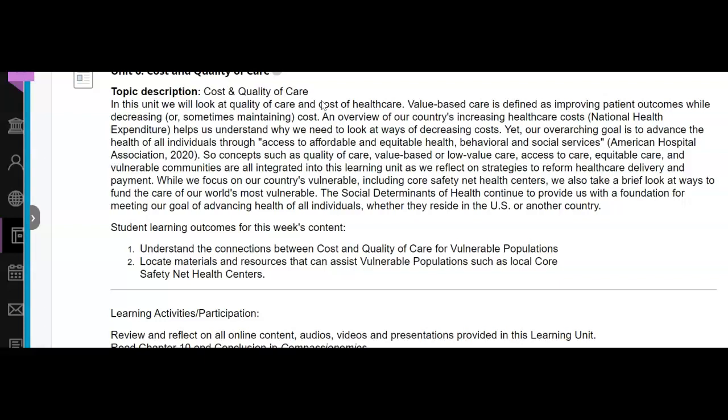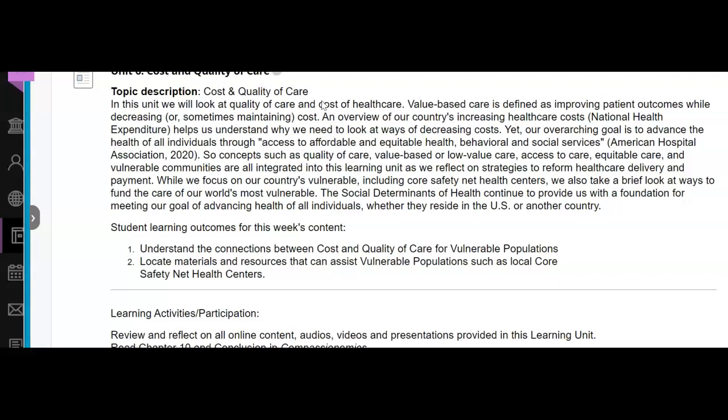So we're going to talk a little bit about value-based care, how we define it, whether or not it does actually improve patient outcomes, and whether or not it is being shown as helping to decrease or even maintain cost. We know that healthcare costs have continued to rise exponentially, and that is of significance to all of us.